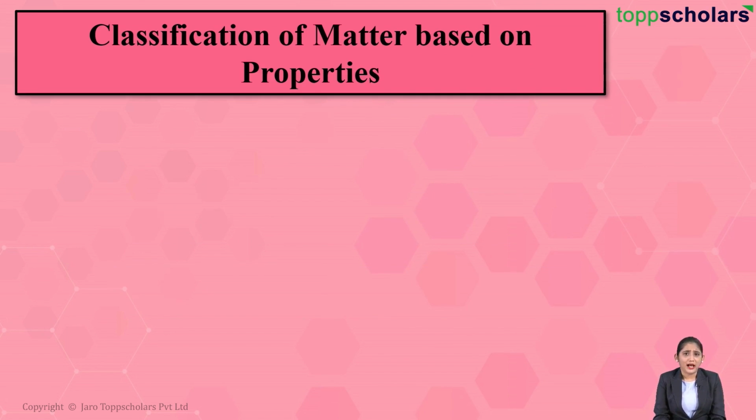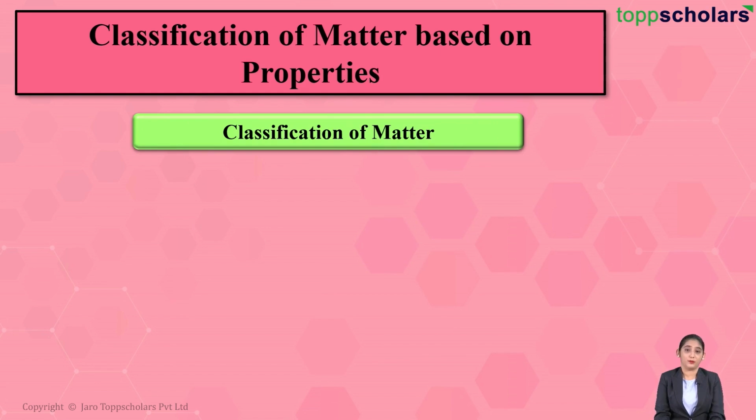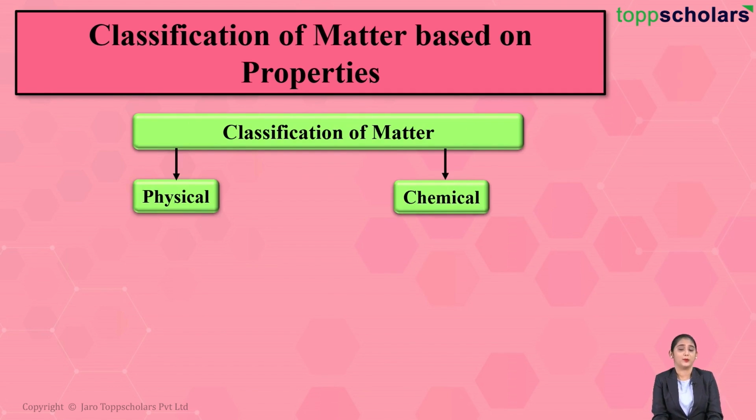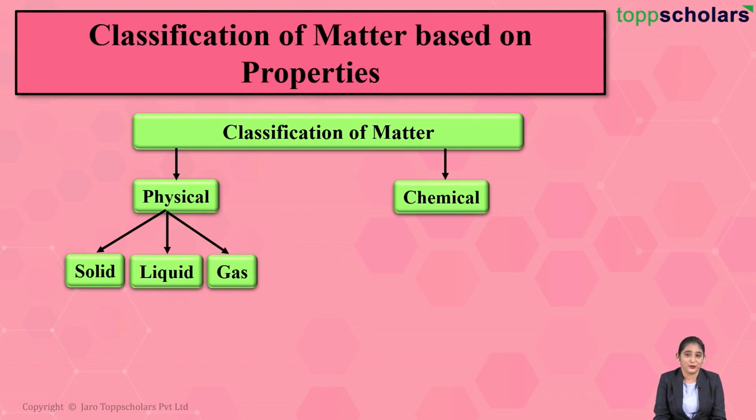Now friends, matter can also be classified depending upon its properties. That is, matter can be classified based upon its physical properties and chemical properties. Based on the physical properties, matter can be classified into solid state, liquid state, and gaseous state.